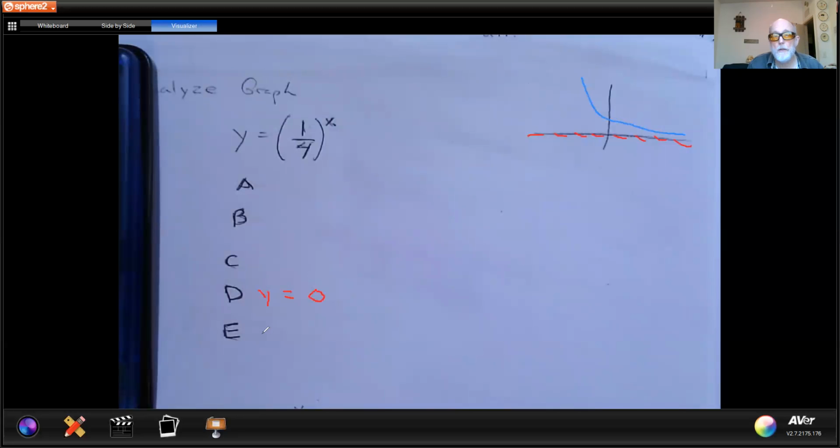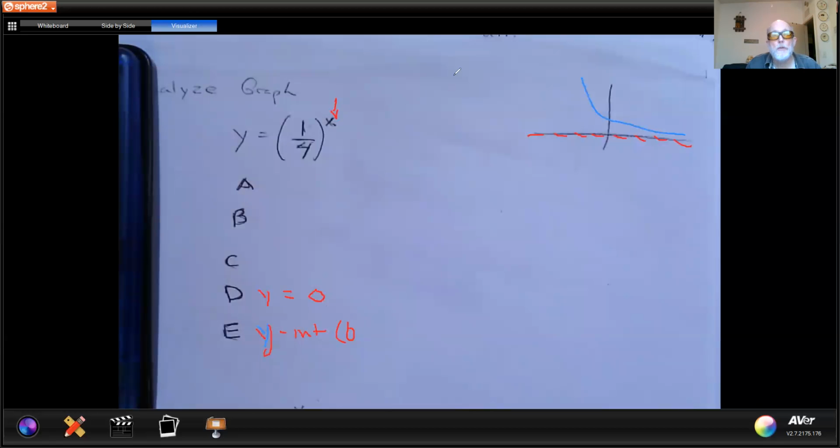Now then, the y-intercept is the same also, because we're doing 1/4 to the 0 power, right? To find the y-intercept, all I have to do is plug 0 in. And when I put 0 right there, anything to the 0 power is 1.